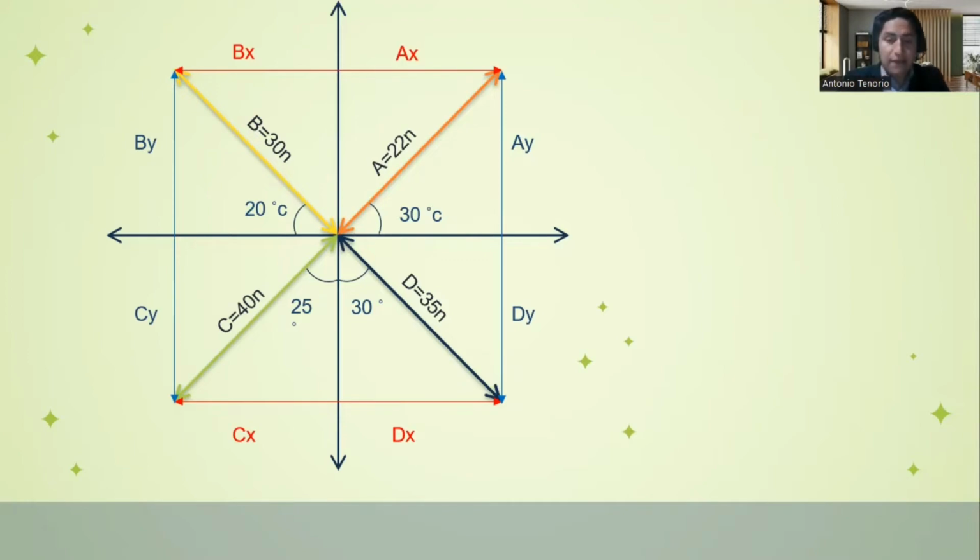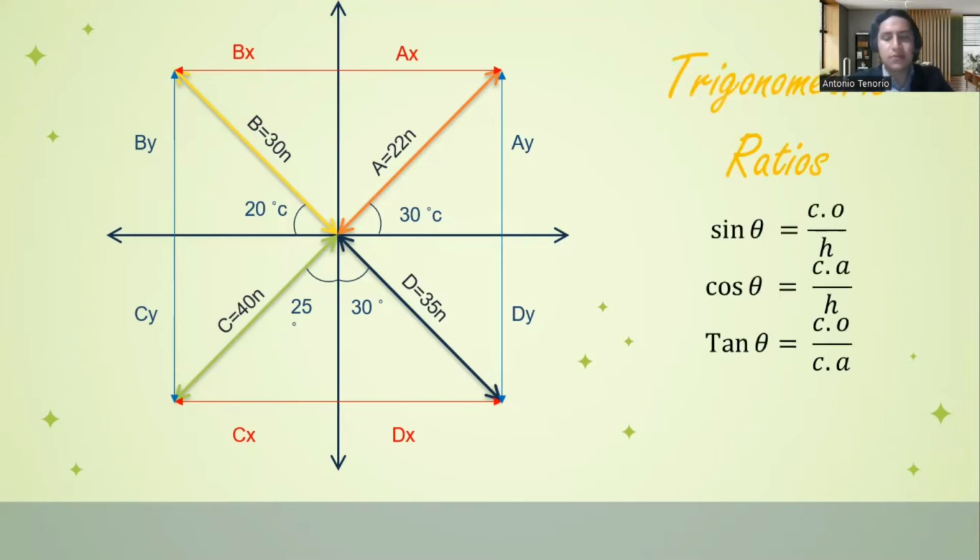I have the trigonometric ratios. Sine equals the opposite leg over the hypotenuse, cosine equals the adjacent leg over the hypotenuse, and tangent equals the opposite leg over the adjacent leg.